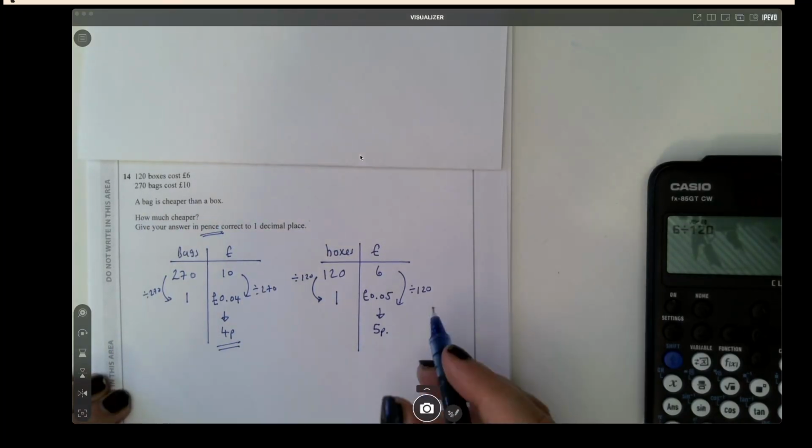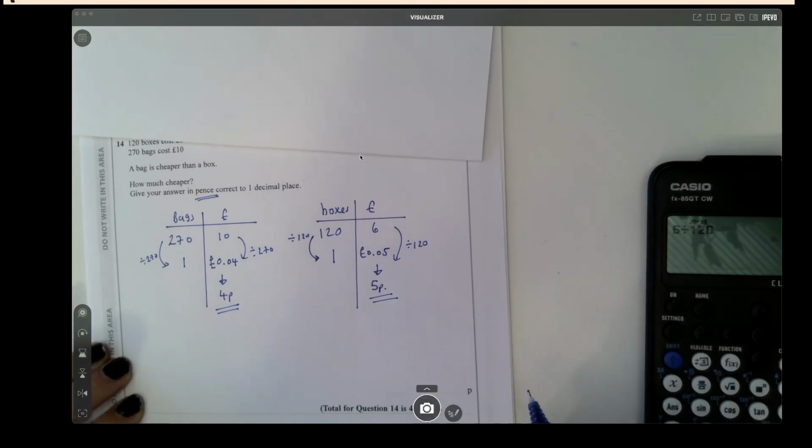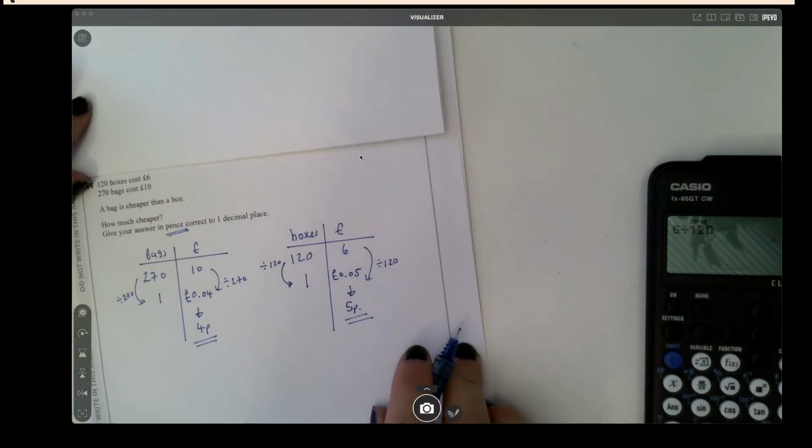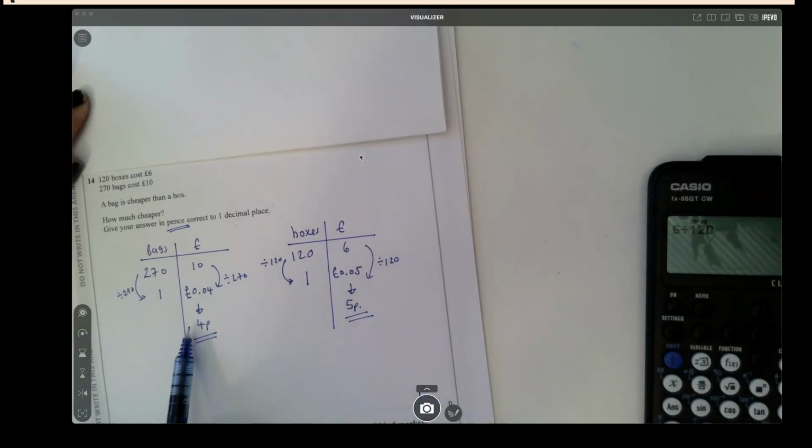Well, it is. A bag is 4 pence. A box is 5 pence. How much cheaper in pence correct to 1 decimal place? So it's 1 pence cheaper. There's no need for decimal places there on that one because the difference between 4 pence and 5 pence is 1 pence.